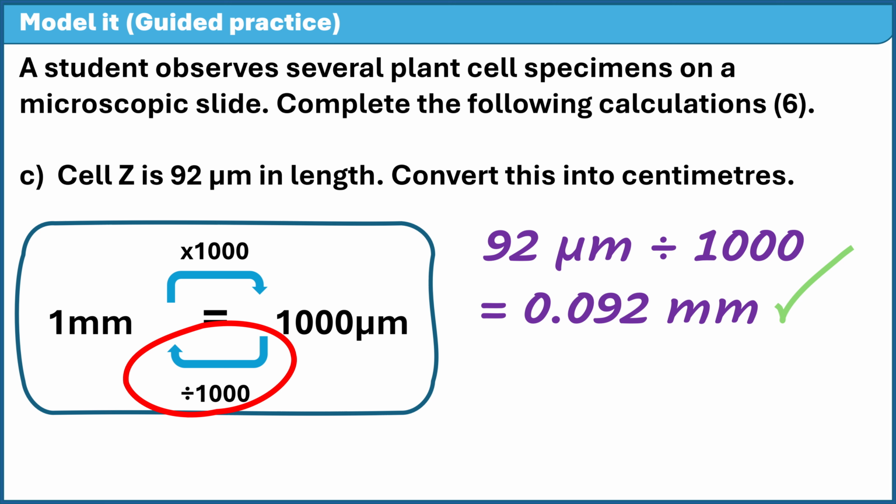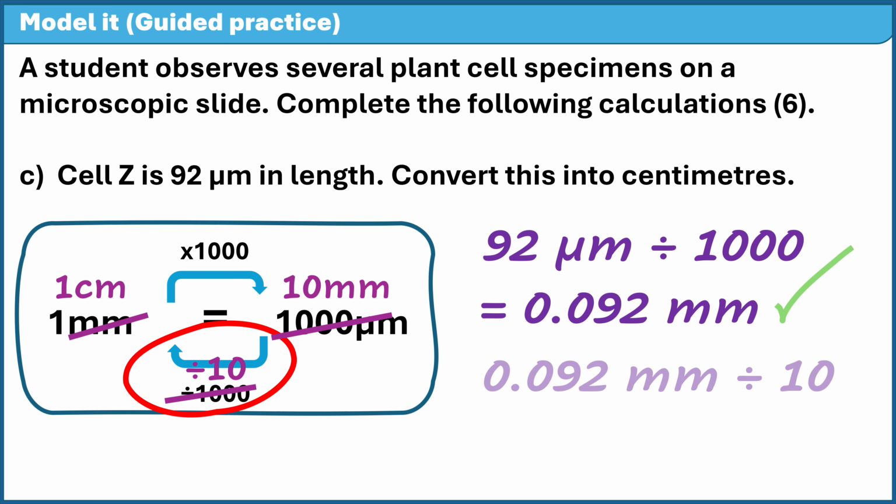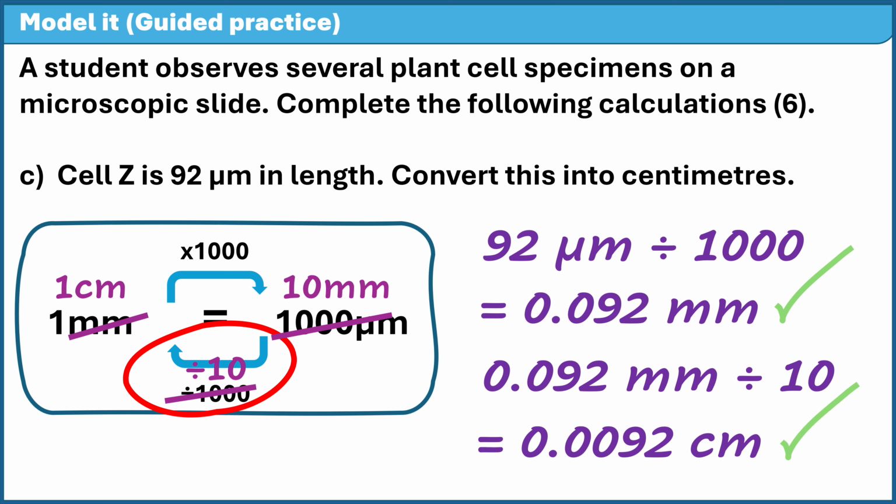Step 2 this time is we will then need to convert the millimeters into centimeters, a bigger unit. So this time we'll need to divide by 10 because there are 10 millimeters in 1 centimeter. So 0.092 millimeters divided by 10 now gives us 0.0092 centimeters. Step 3 is to ensure that not only have we completed this calculation, but we have put in the correct unit for our final answer.